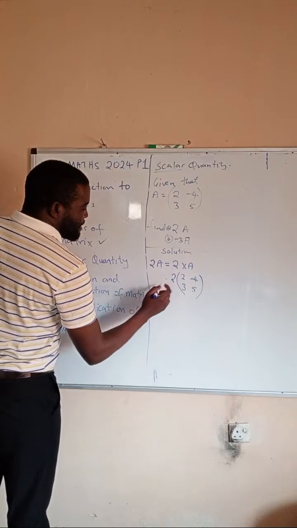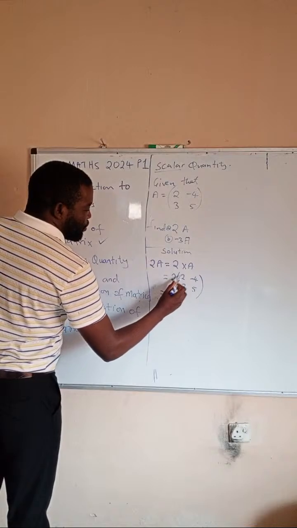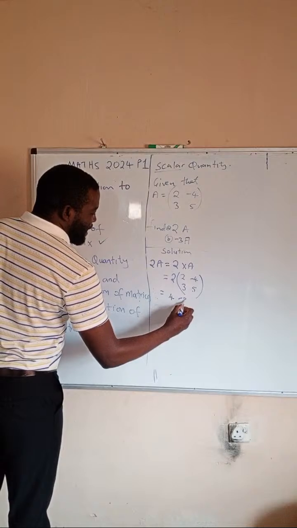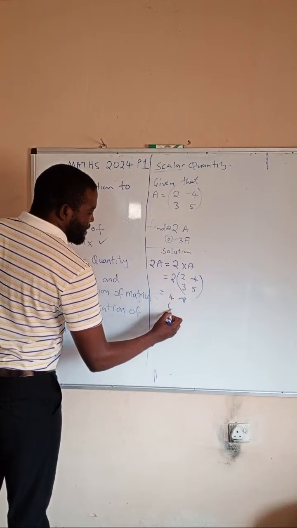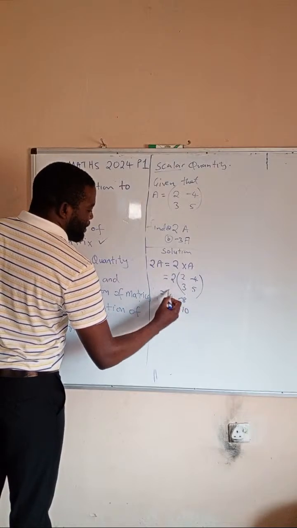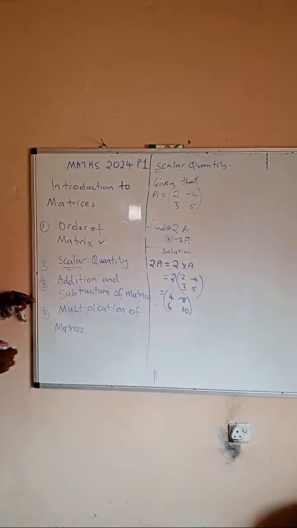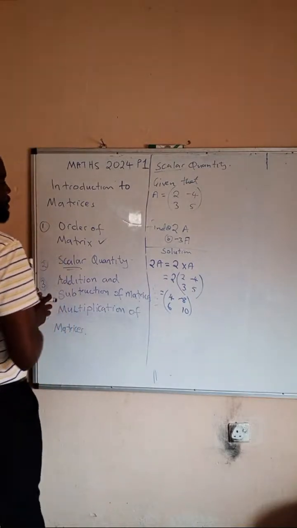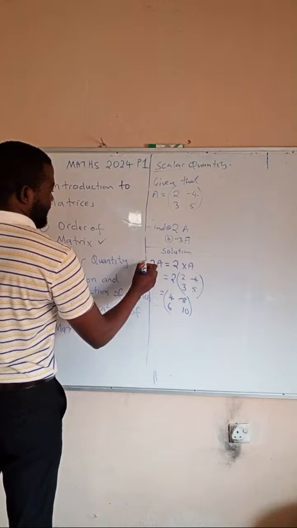So to solve this, 2 times 2 is 4. 2 times negative 4 is negative 8. 2 times 3 is 6. 2 times 5 is 10. That's how you solve that question. I hope your mind has actually opened up.